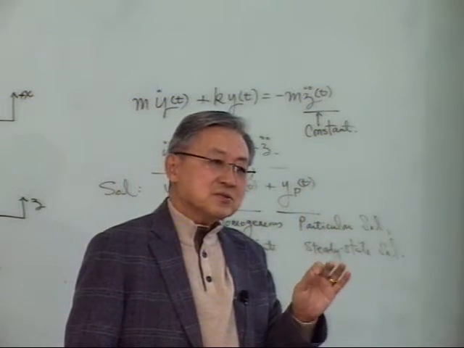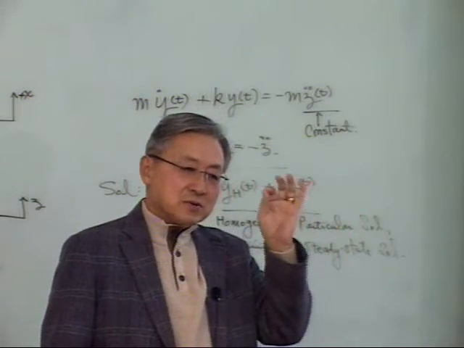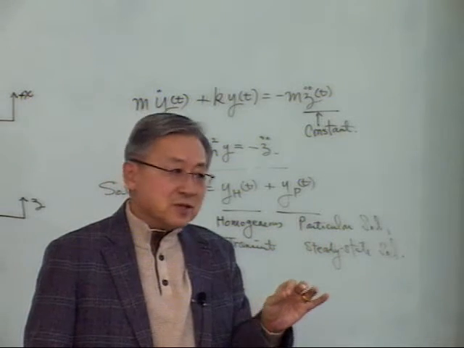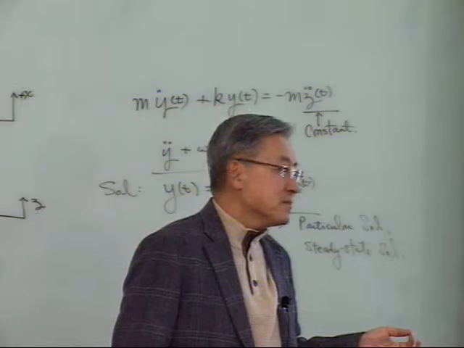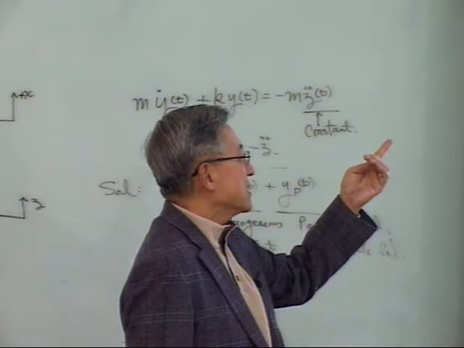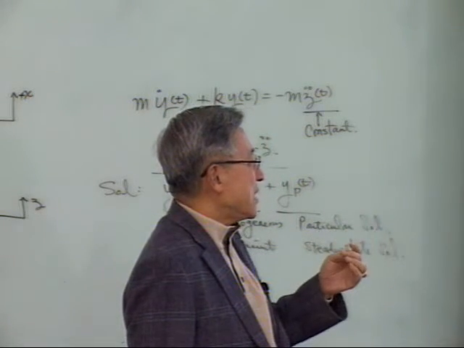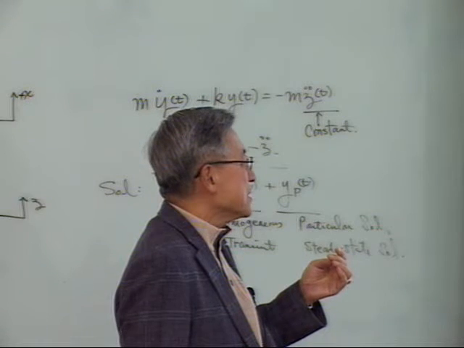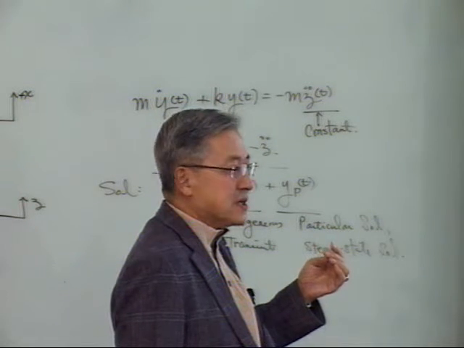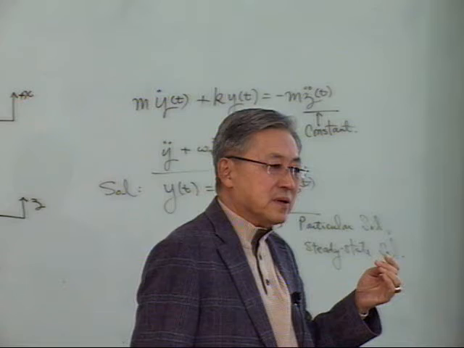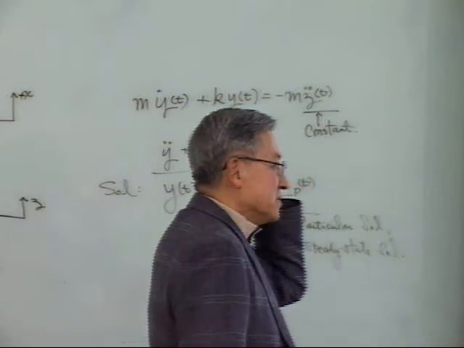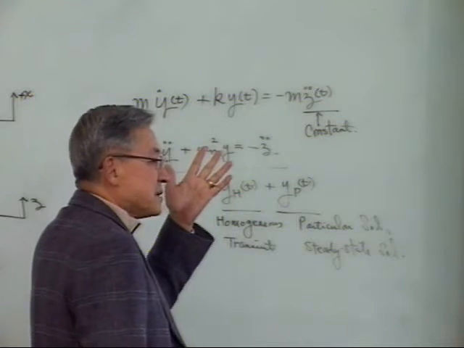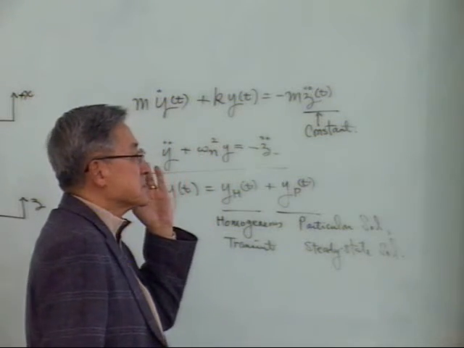So the general solution, the homogeneous solution, is a combination of sine and cosine, isn't it? That's what this is. Y_H is A sine omega_n t plus B cosine omega_n t. You can get into the detail, but that's a homogeneous solution.